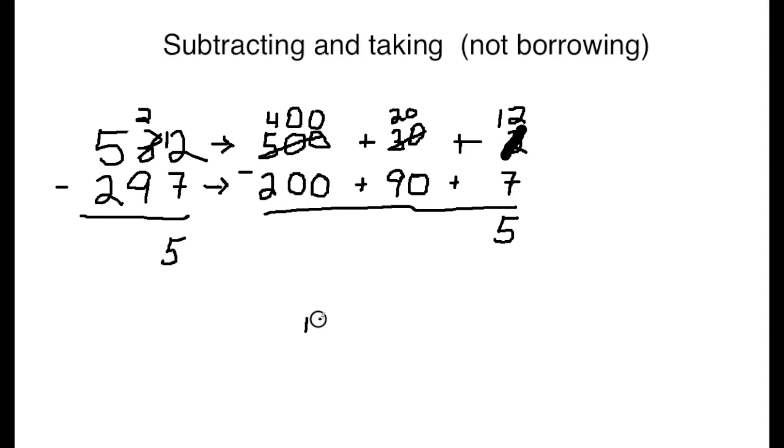Now, here's that 100 that we took. But what are we going to do with it? We are going to add it to who needs it? To the 20. So let me get my eraser back up here. What's 100 plus 20?